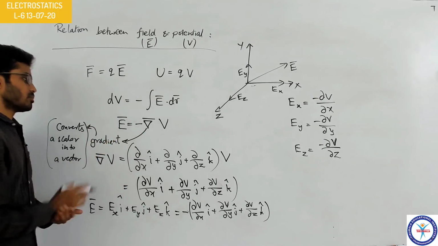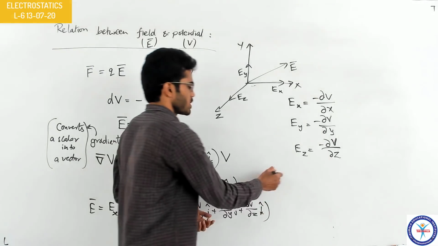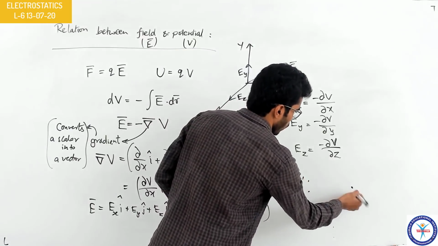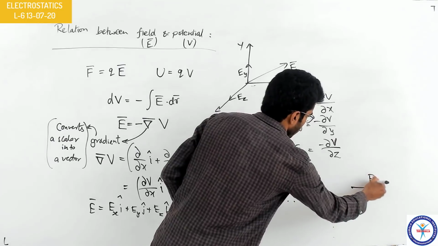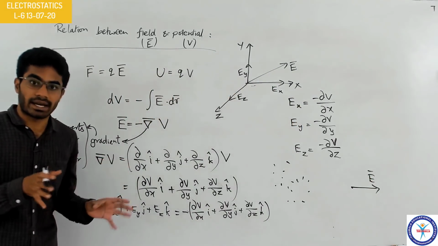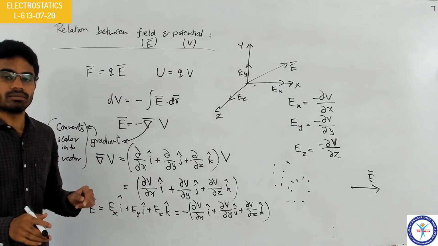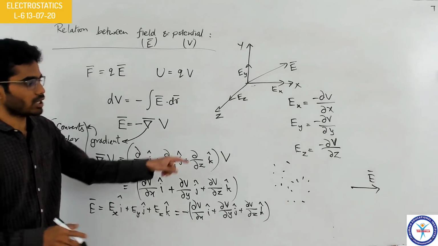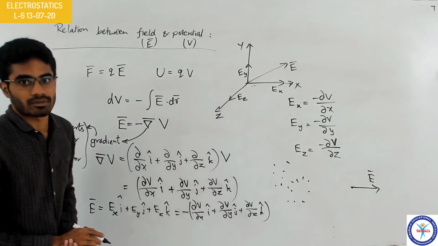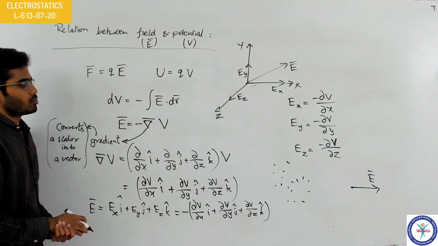Now the field at any particular location, right? There is a system of charges. Due to these charges at this point, let us say we have a net field E bar. How do you estimate the field? You can get it from the potential function. If you know the potential due to all of them, you can estimate the field at that location in x, y, z directions, right?